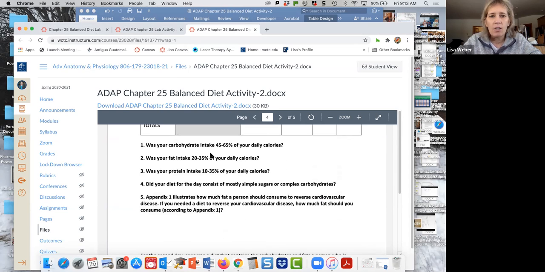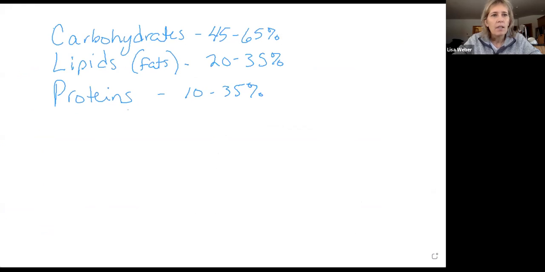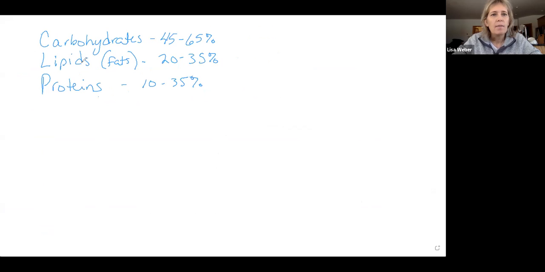Now it is asking you to look at your percentages. So I'm asking you, can you calculate your carbohydrate, fat, and protein intake to see if they're within these limits. So let's go to a different screen here. These are your normal amounts and the normal percentages.